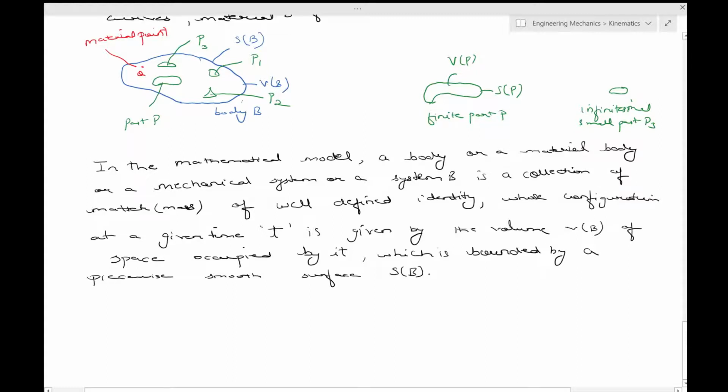So the total volume of this body or this system is V at this given point of time, which is t, and at the same time t, it is bounded by a piecewise smooth surface S. Okay, so you have the surface S. So at this point, perhaps you would want to know what a piecewise smooth function or a surface is.